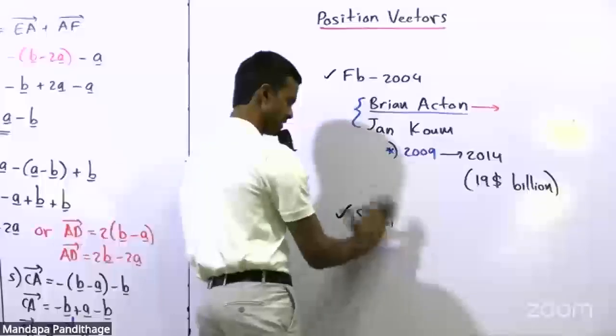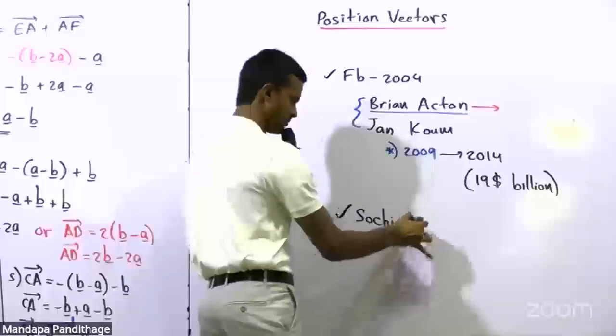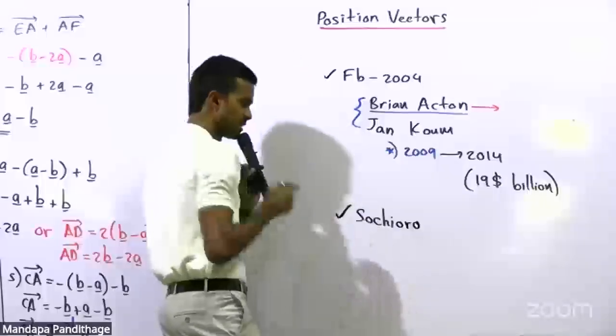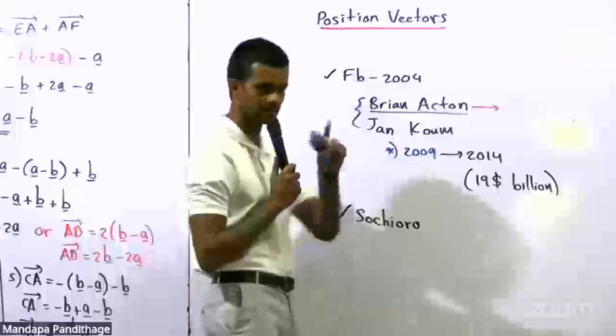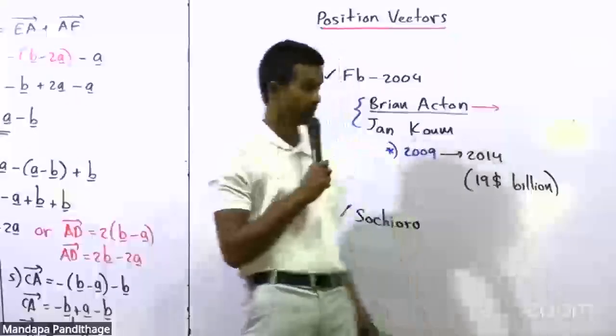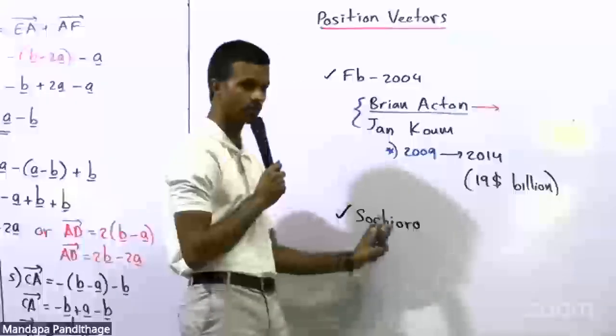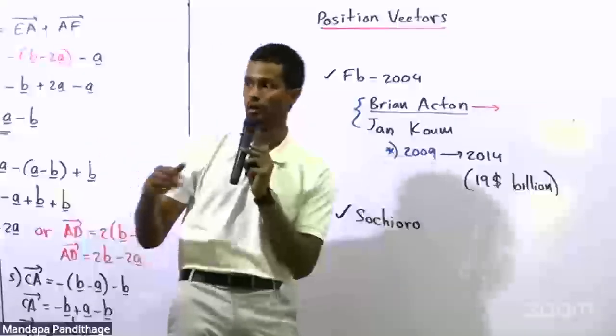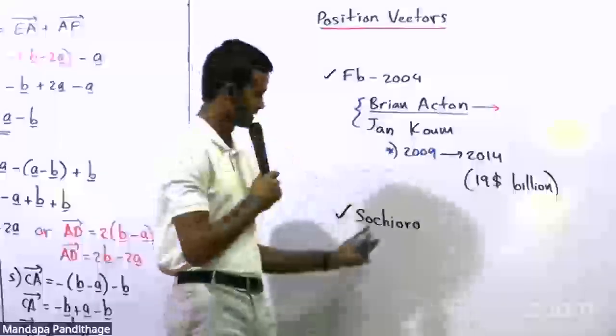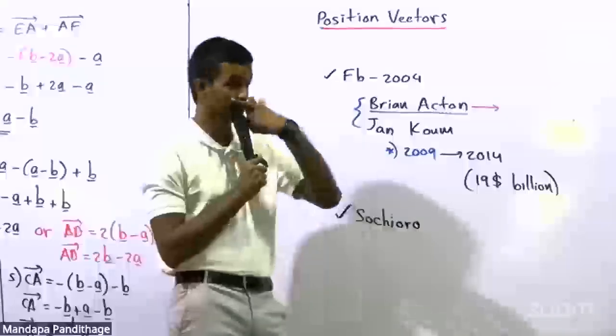Something like this. Let's say, because the CH, sometimes we pronounce it as K. I'm not sure whether this is Sokioro, Sochioro, anything related to, let's say S. His name is S. He's a Japanese mechanic.